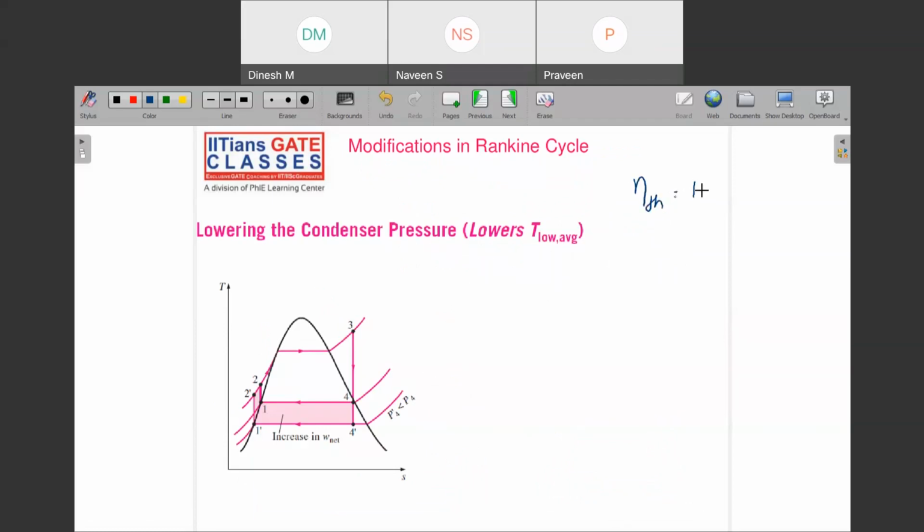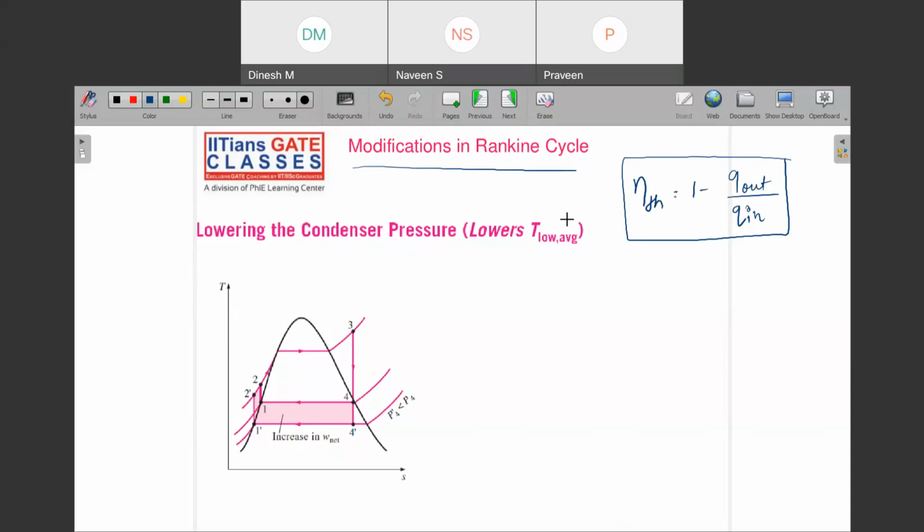Thermal efficiency is 1 minus Q out upon Q in, right? So you will try to alter things in your Rankine cycle, and then you would compare this ratio, and then you will find out whether your efficiency has changed or not.